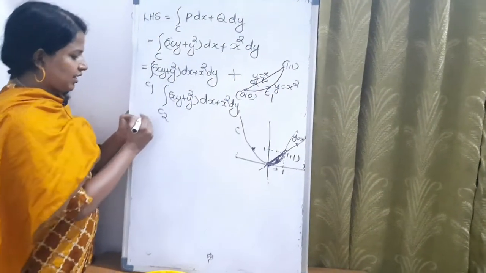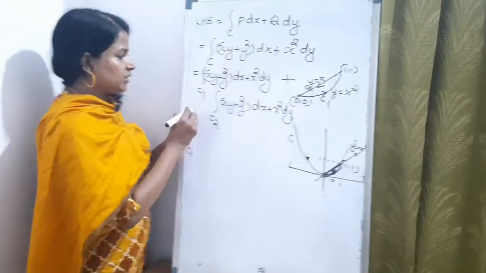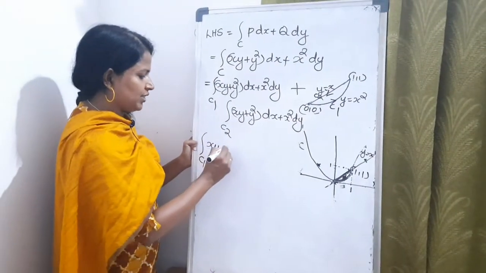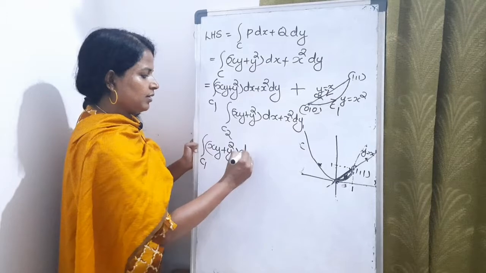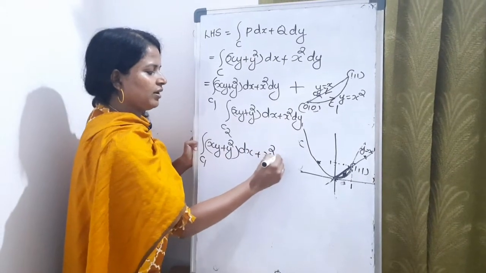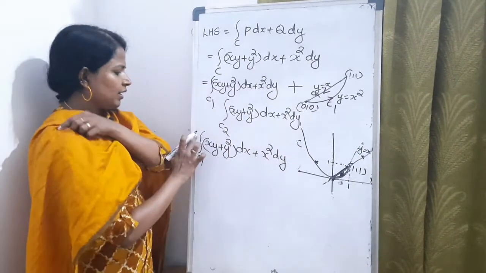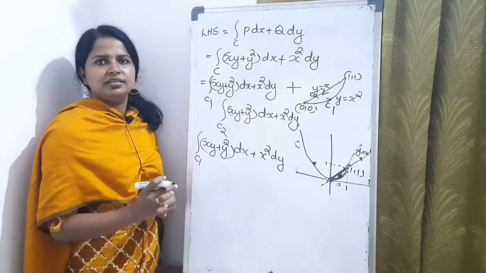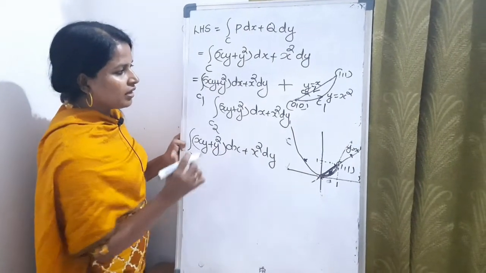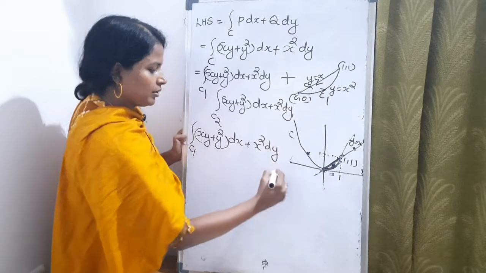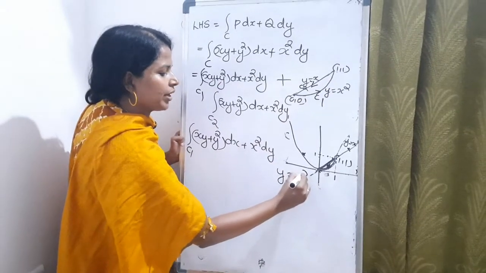Then first, the integral over C1 of (xy + y²) dx + x² dy. Listen. Here, for the line integral, the path is a parabola, y equal to x².